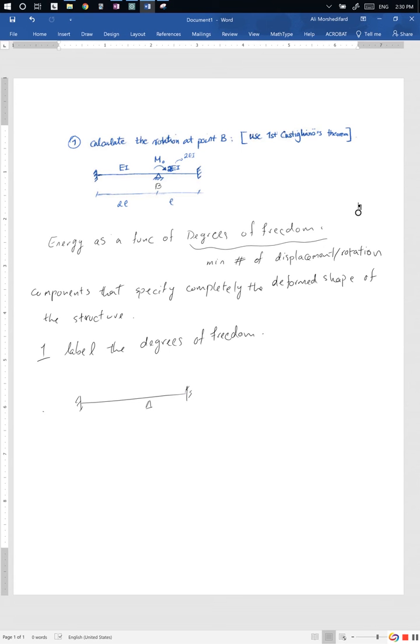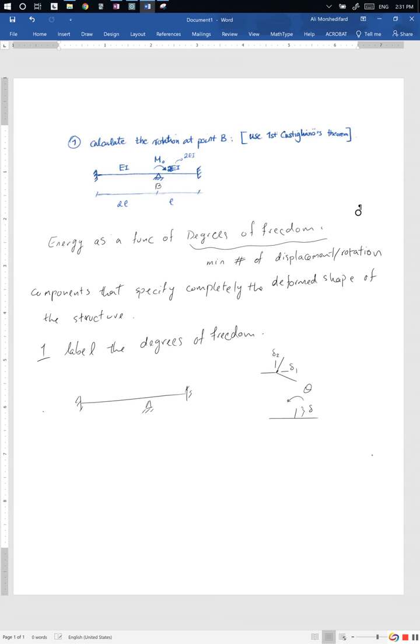Similar to the truss case, but in the frame and beam case, we can have rotation instead of just nodal displacement. So in a truss, the degrees of freedom would be the horizontal and the vertical displacement of the nodes. For a beam or a frame, you can have a delta and a rotation at the nodes.